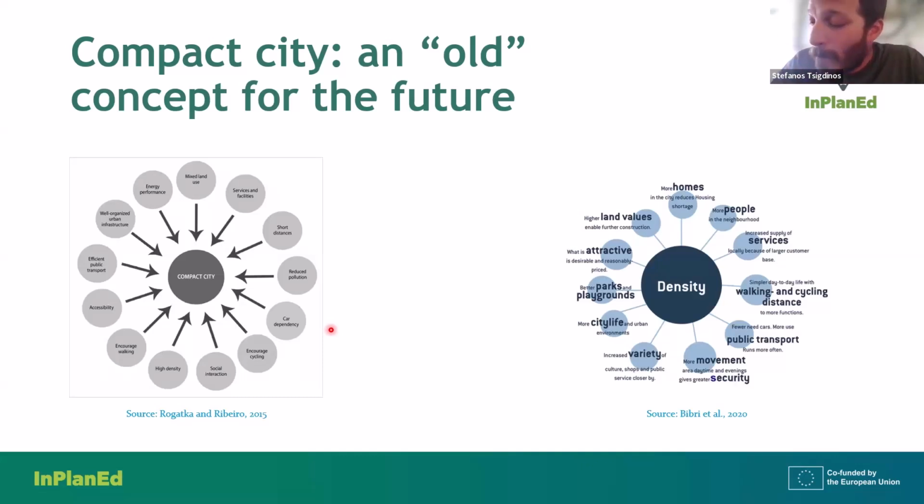It's a kind of being able to do our basic activities within 15 minutes of walking, preferably, or cycling. And our main elements in the compact city paradigm are efficient public transport, reduced pollution, accessibility, very important, walkability in particular, or bikeability, the ability to cycle, a well-organized urban infrastructure, dedicated spaces to different kinds of transport modes or different kinds of actors.